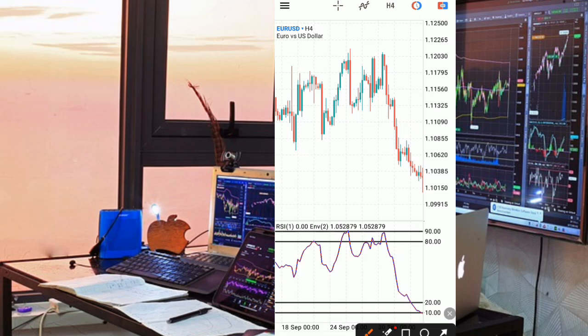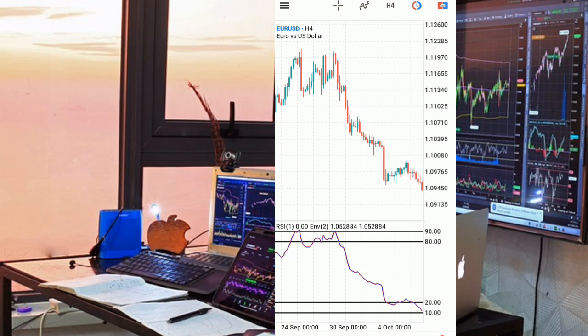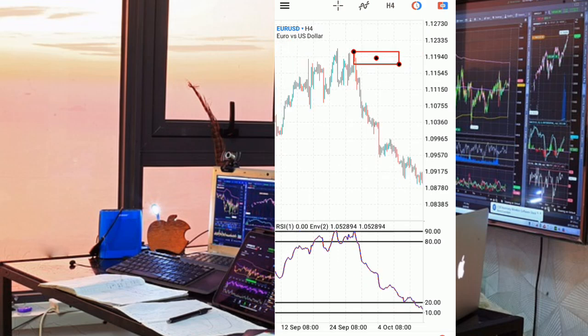As you can see, we had this consolidation of price here, but after we see this bearish engulfing candle here, it gives us clearance to mark the last one. So I'm going to mark this last part over here, and now let's check if it works.